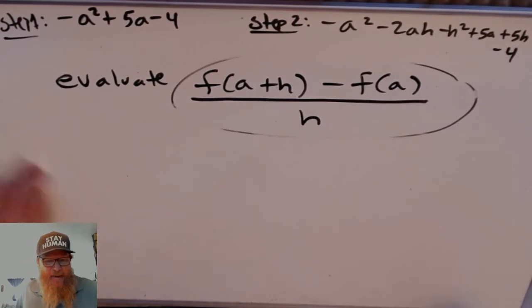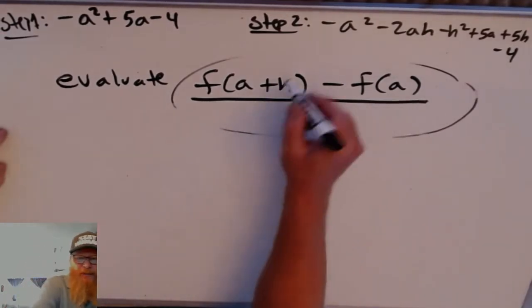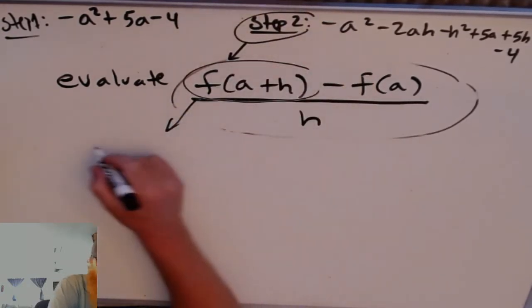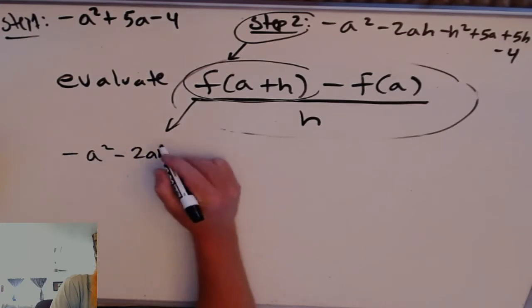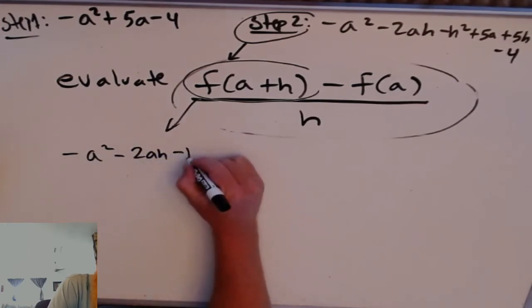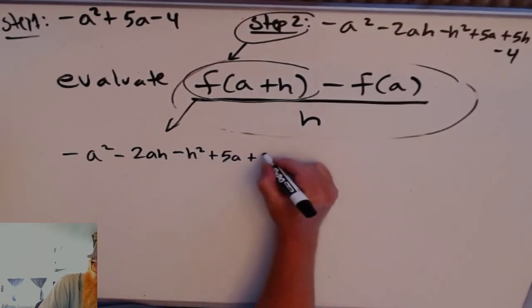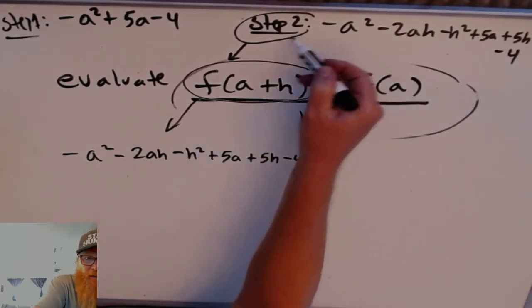So the last step now, I'm going to evaluate this difference quotient. f of a plus h, that's step 2. I do step 2 first. So negative a squared minus 2ah minus h squared plus 5a plus 5h minus 4. So that's all of step 2.